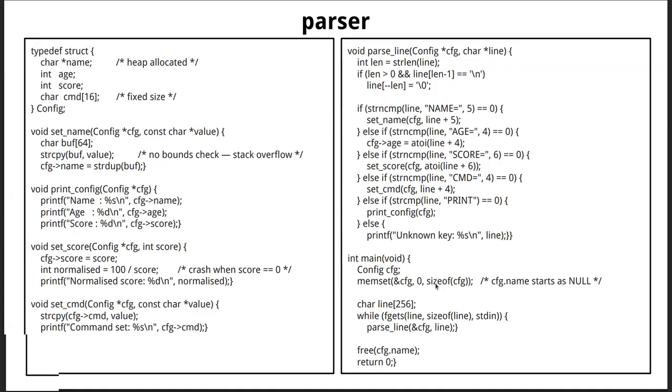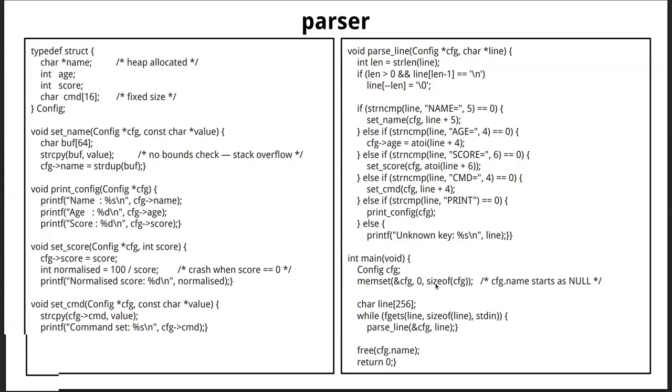If you call print config before you set name, then this will trigger a null pointer dereference, eventually a segmentation fault, right? So that is another bug. Then set the score. Anybody here? Oh, yeah, actually, okay. There could be a divide by 0. The score could be 0, and 100 divided by 0.